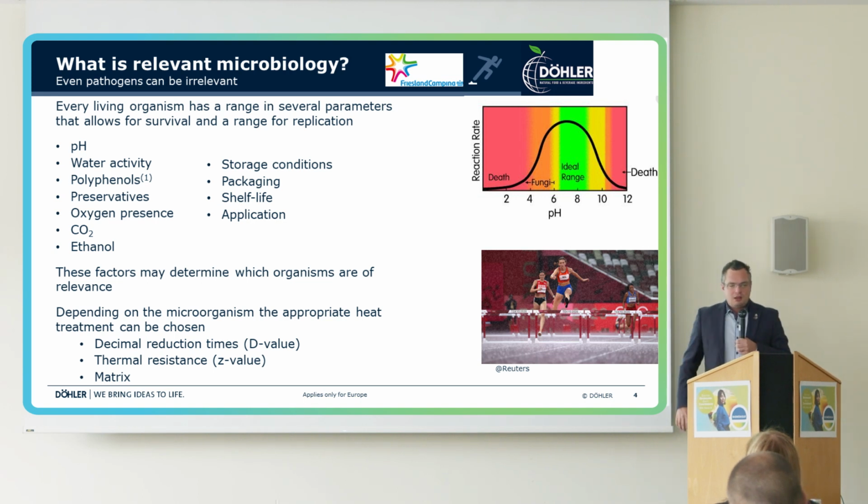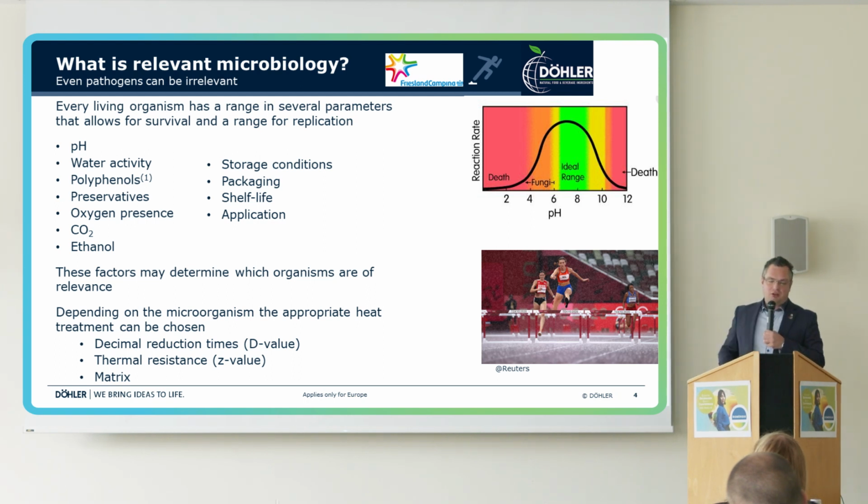Each organism, either micro or macro, has a specific range of parameters that it would like to be in. You have an ideal range where they can flourish, a range where they can survive, and a range where they decline. One of the best-known examples is, of course, pH for microbiology.